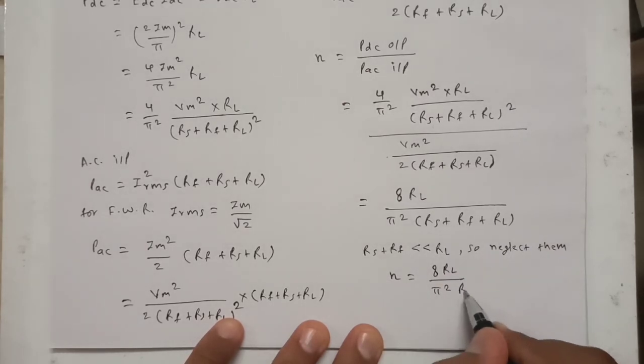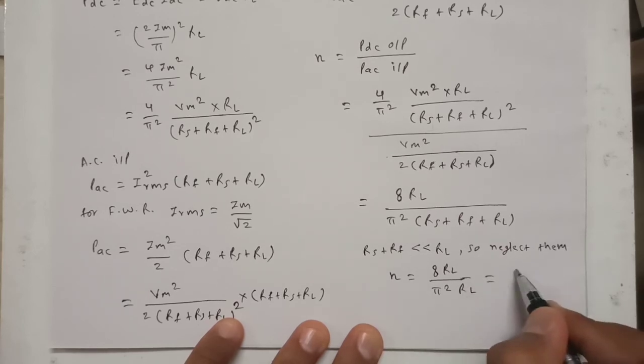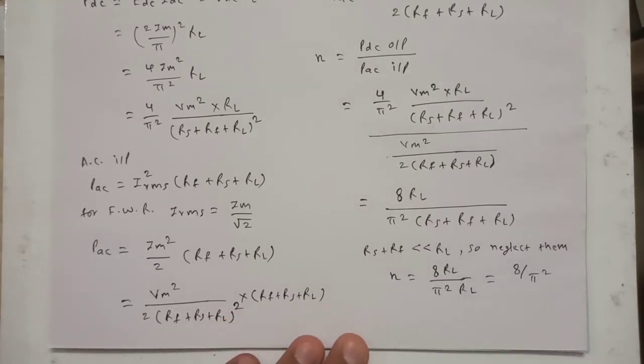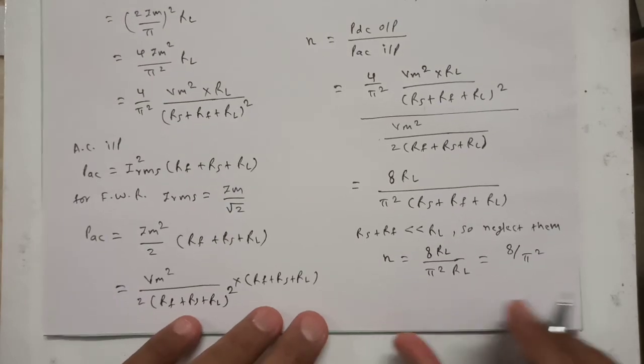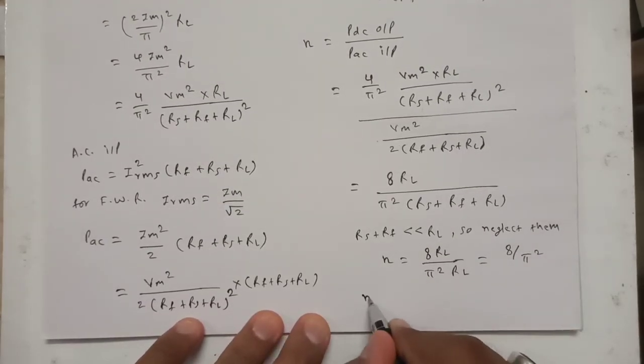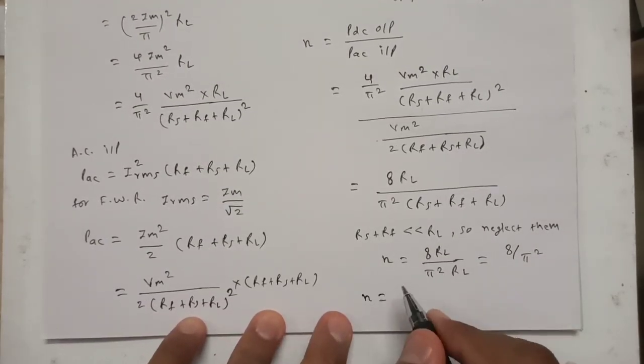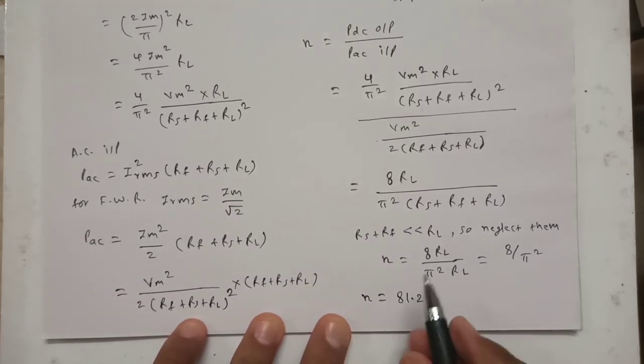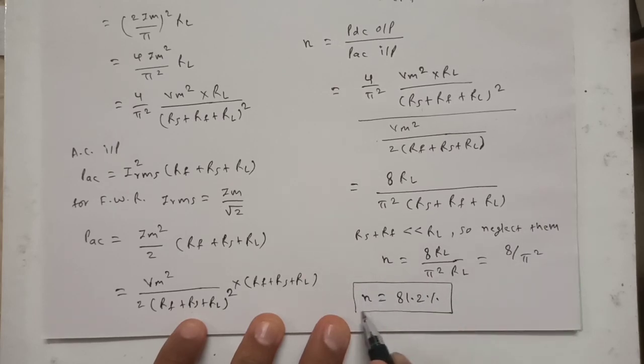Further RL will cancel each other, and we are left with 8 by pi square. Now putting the value of pi square here, we get the final value of the efficiency, which in percentage comes to 81.2%.